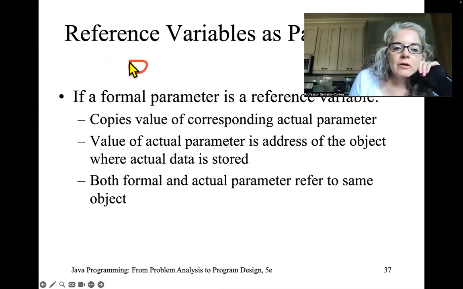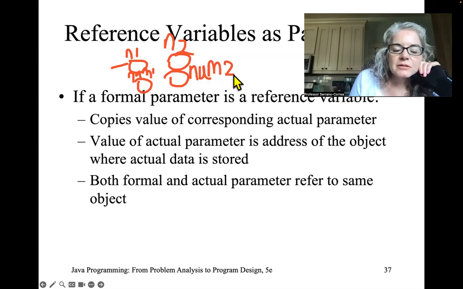So I have 1, 2, 3, 4. Let's say the method call has n1 and n2. And when I define the method, I call them num1 and num2. So I've got four separate memory locations.